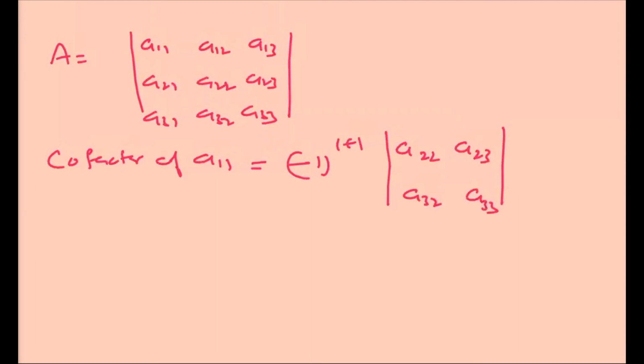Okay, so this way you can find the value of the cofactor. Now if it is plus, then write the plus and multiply, and you can use minus or plus according to this. Okay, student.